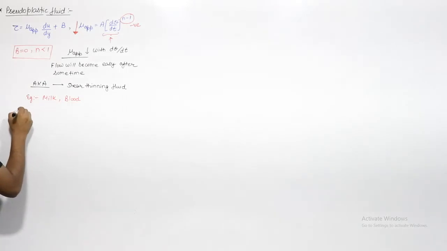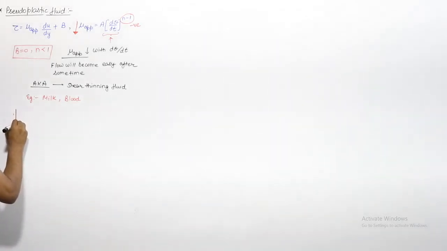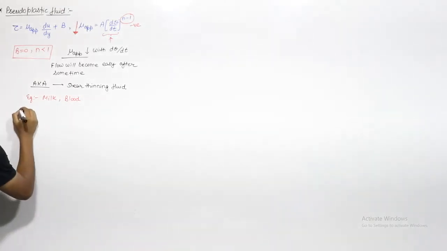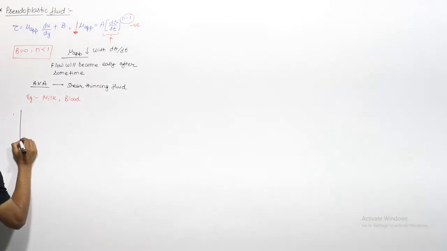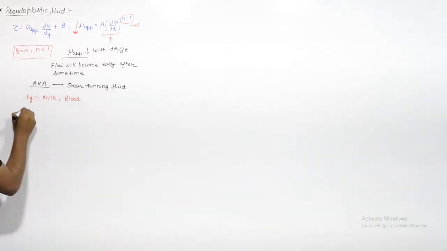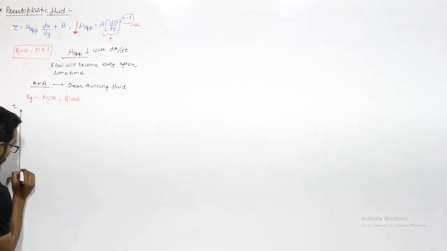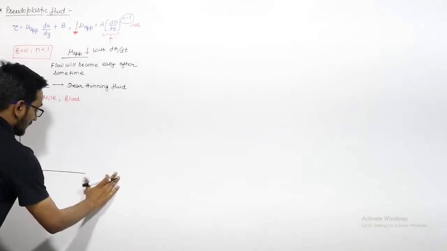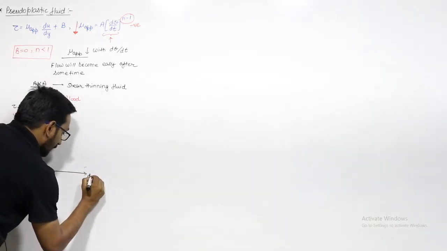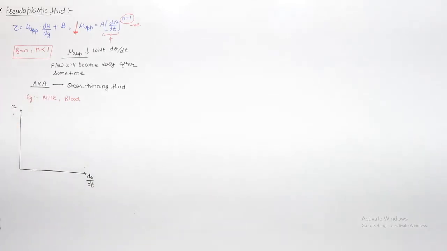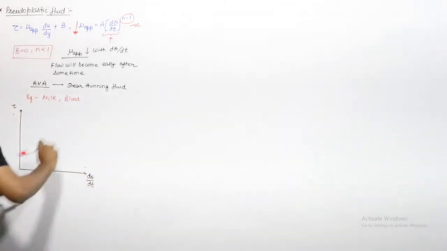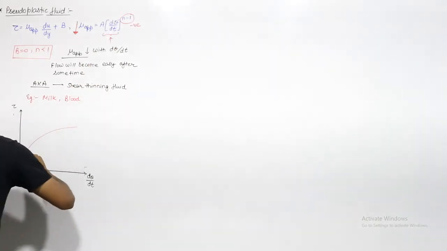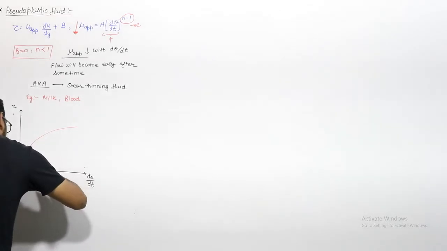If we draw the graph between shear stress and d theta by dt, as n minus 1 is negative, the graph will look like this, in which the slope is decreasing at each and every point.